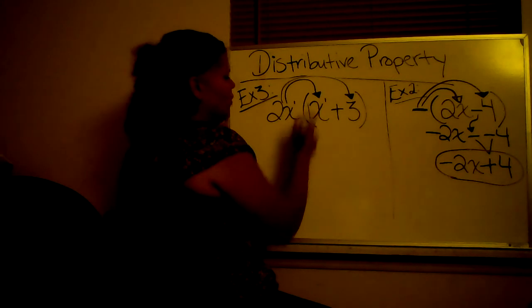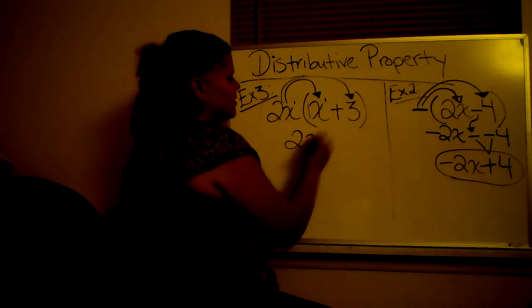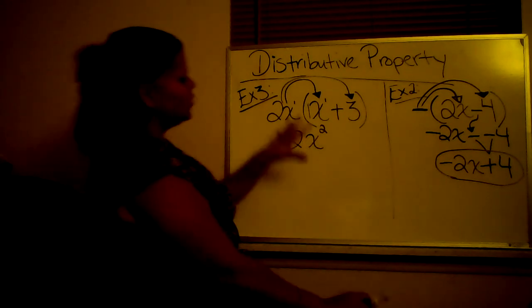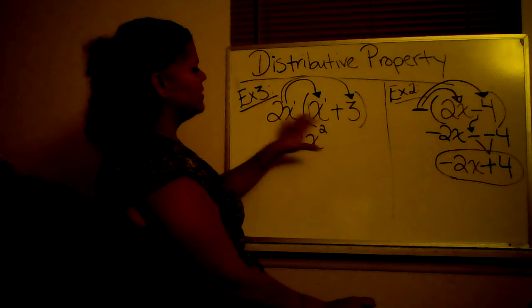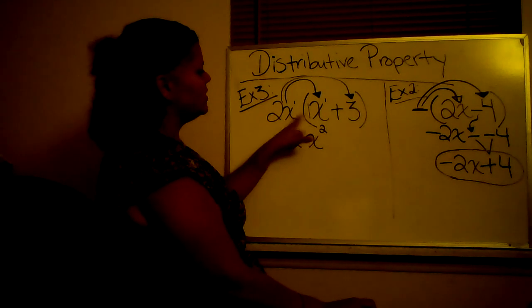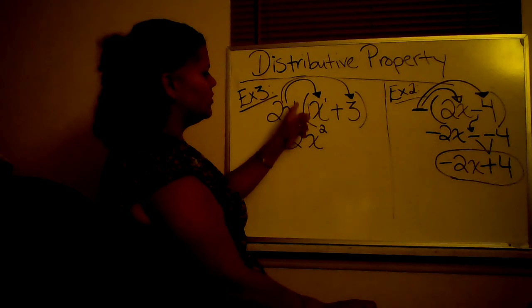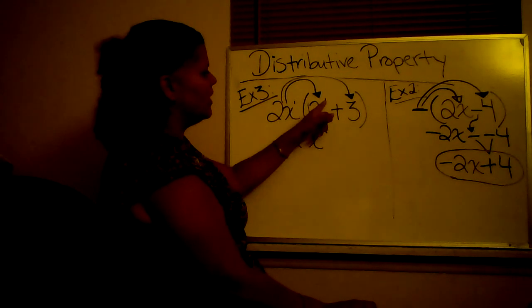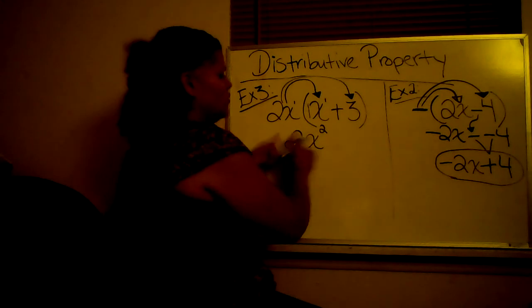So 2 times 1 is 2. Then when you have x times x, it is x to the second power. Because when you're multiplying variables with the same base, the x is the base, you add the exponents. There's only one x here, and there's another x here. So 1 and 1, that's 2. So you have 2x squared.